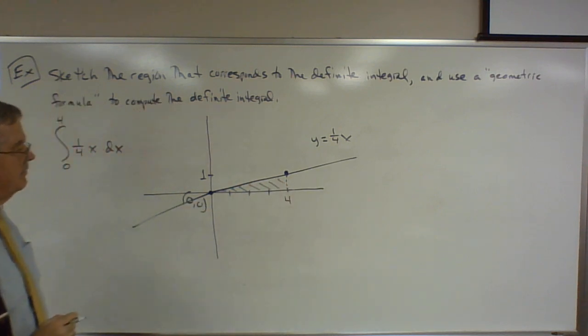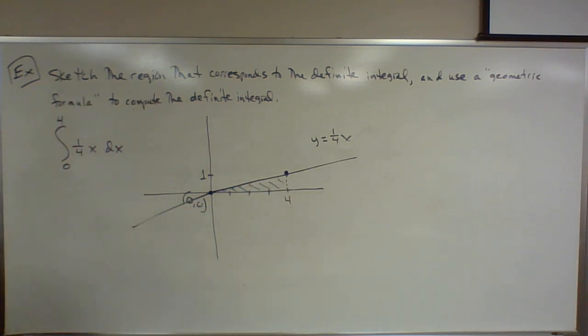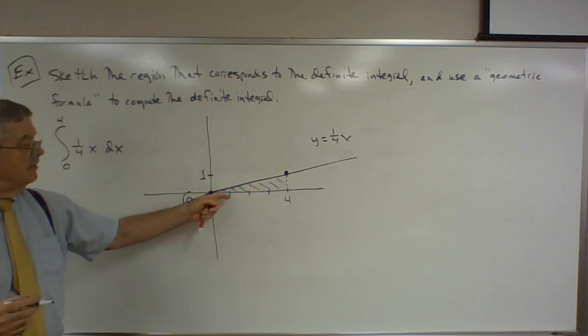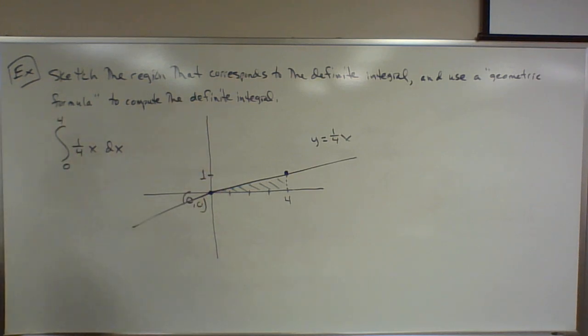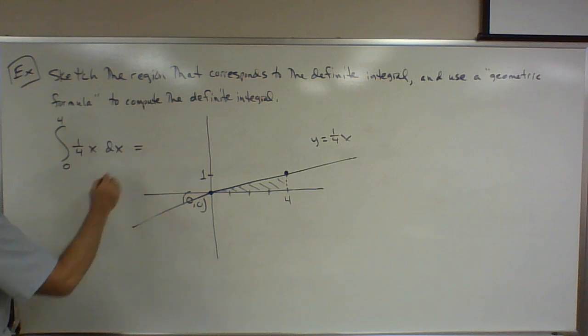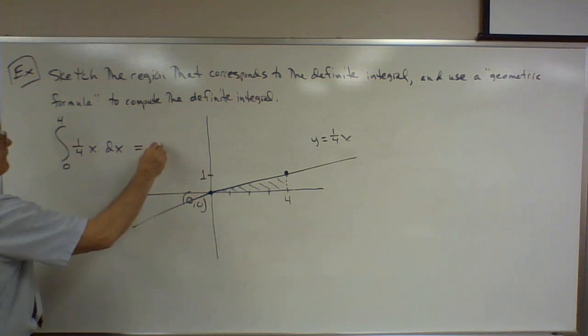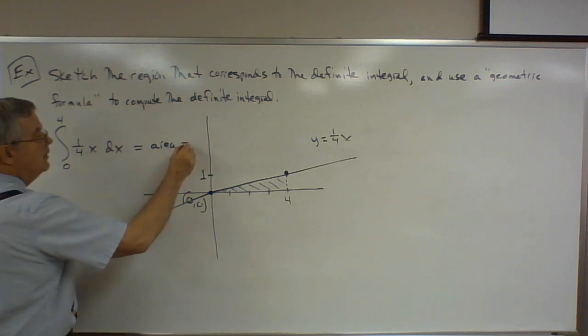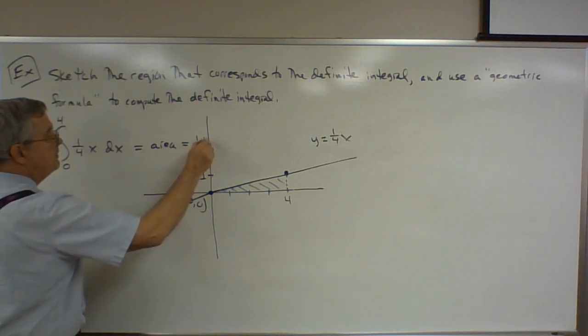That's the area of the region that we're computing. The integral is the area of that region because between 0 and 4, the graph is above the x-axis. So this integral is just going to be the area of that triangle, which is 1/2 the base times the height.